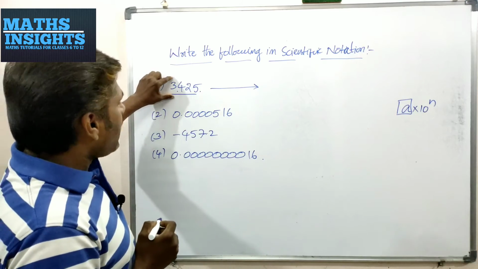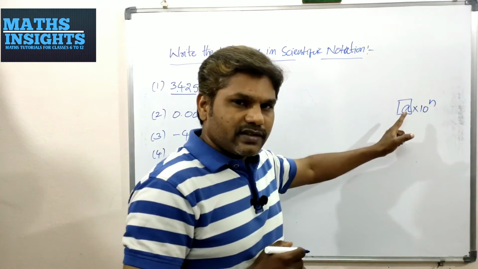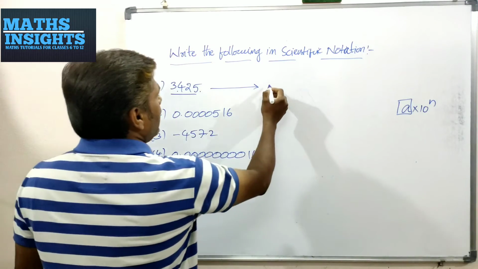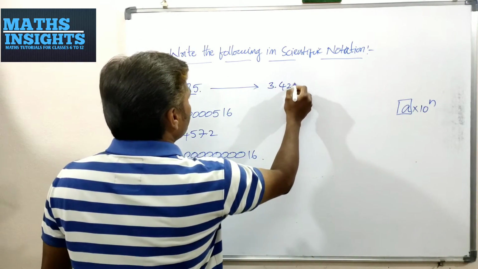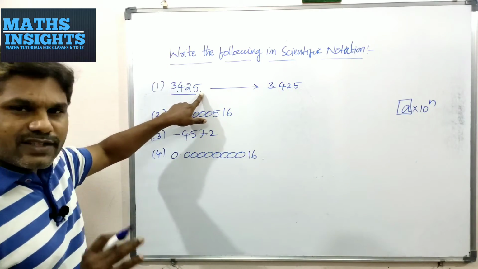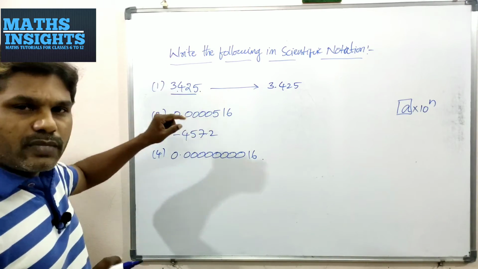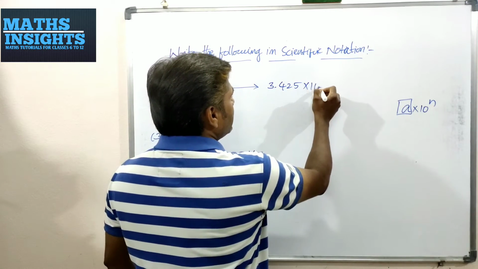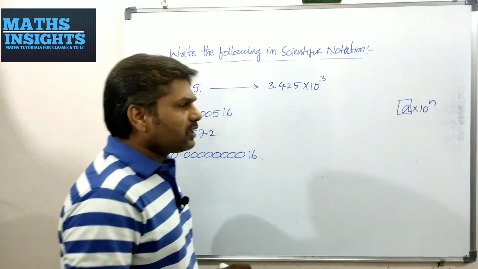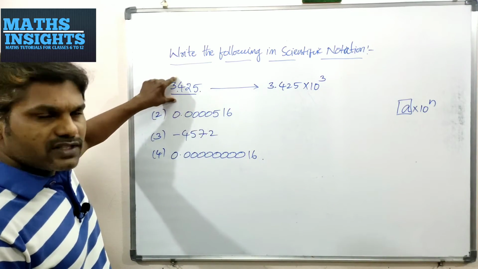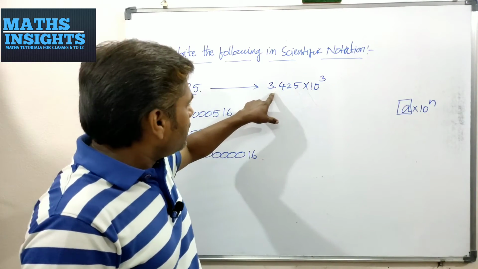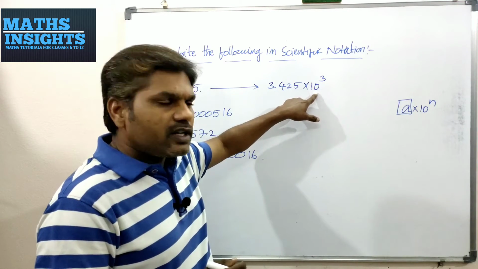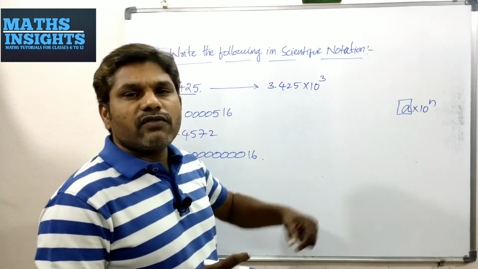Then you will have 3 in a place, which is between 1 and 10. So I will write 3.425. Decimal point is moved towards left by 3 places. So you have to multiply it with 10 power 3. You are decreasing the value of this number by writing it as 3.425. Then you have to counterbalance with your multiplication with 10 power 3.